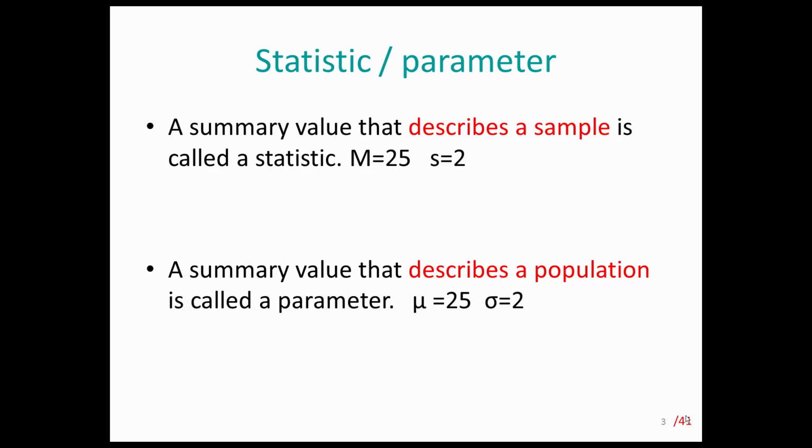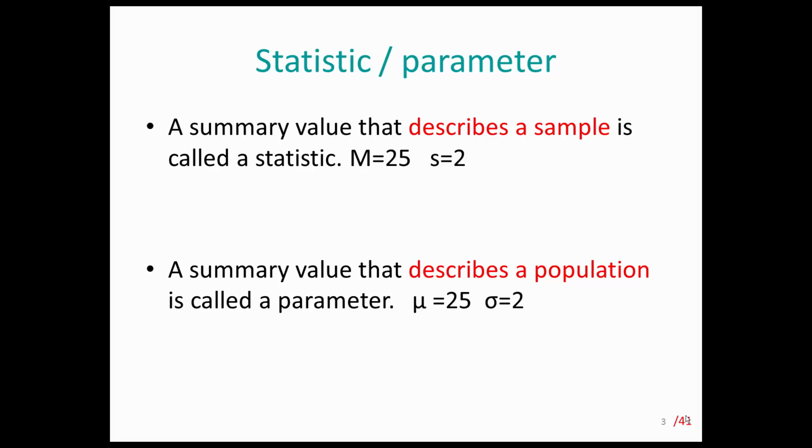So if we have a group of participants and the average score is 25, that 25 is called a statistic. And any value or any score that describes a population is called a parameter.